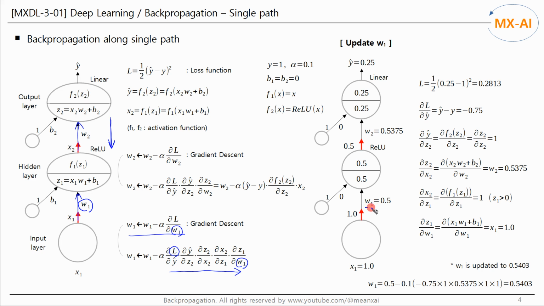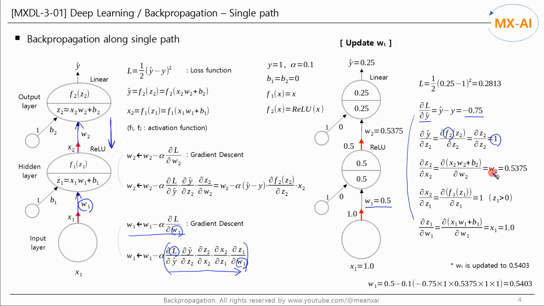Now let's update W1 in the example on the right. Each derivative in the chain rule is as follows. The first derivative in the chain is the error, which is negative 0.75. The second one is 1 because f2 is a linear function.